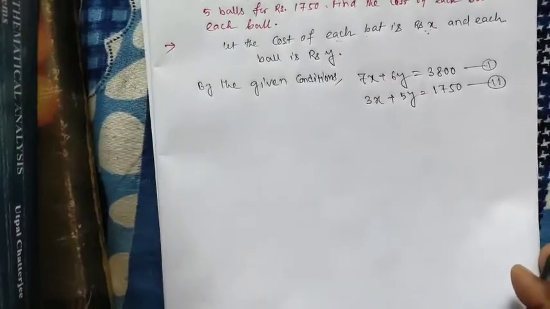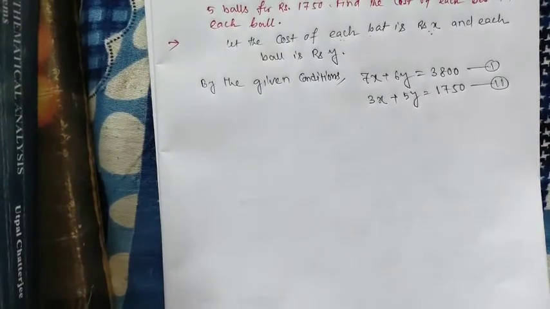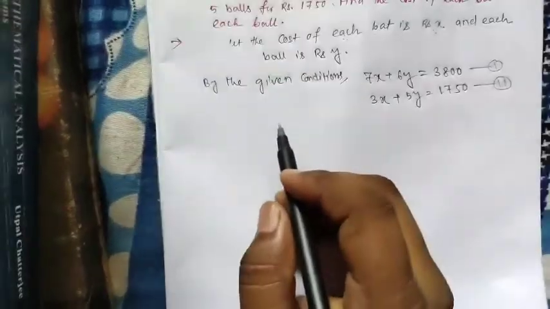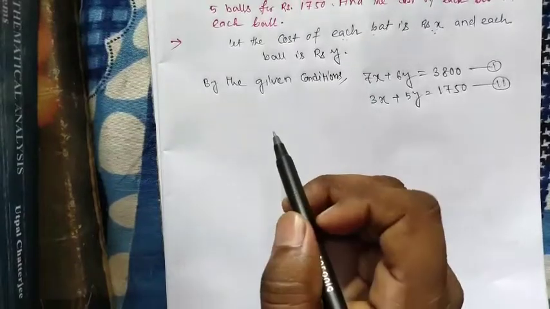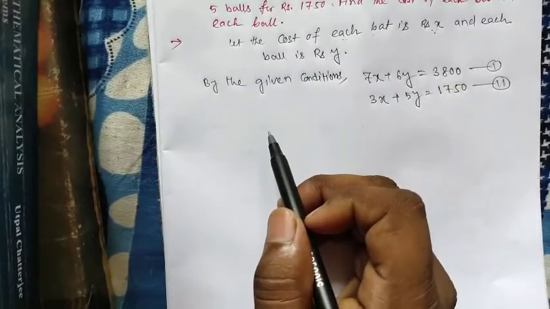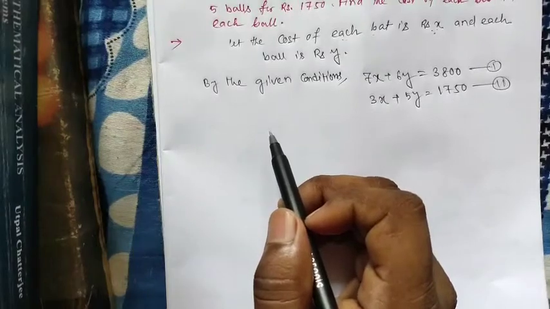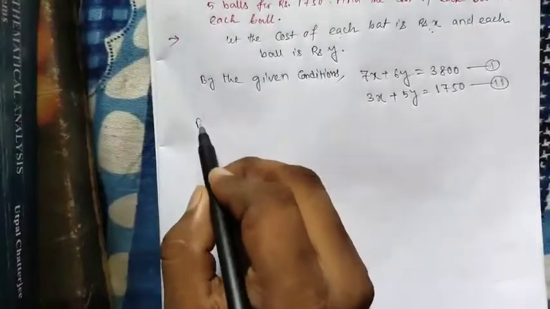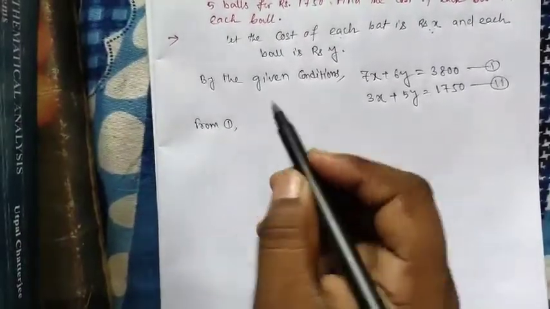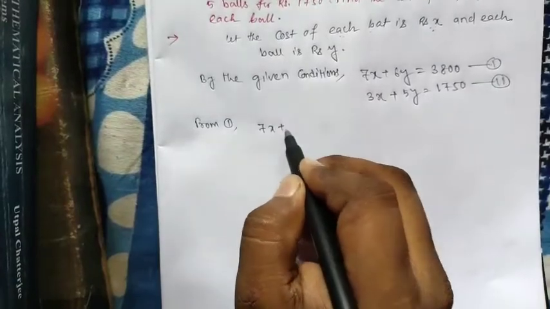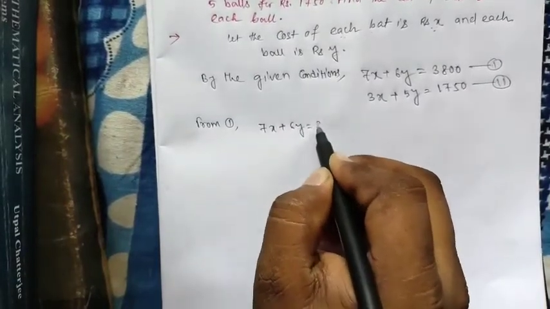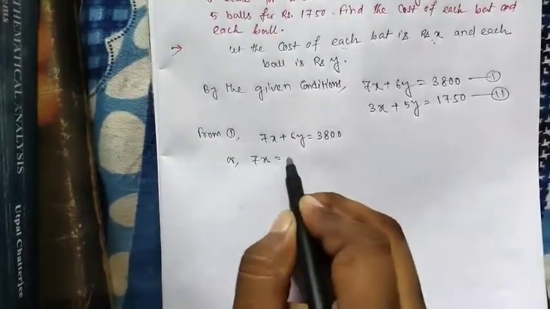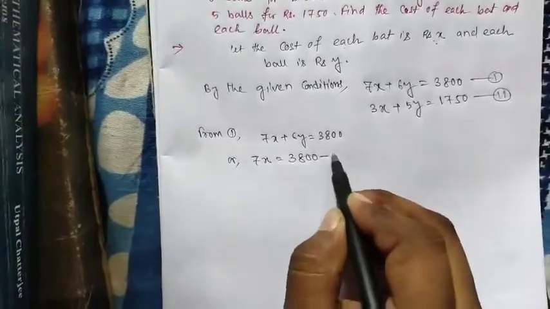Now we are going to solve these linear equations by the method of substitution. In this method, first you have to express one variable from any of the equations in terms of the other variable. So from the first equation, from 1, 7x plus 6y equals 3800, or 7x equals 3800 minus 6y.